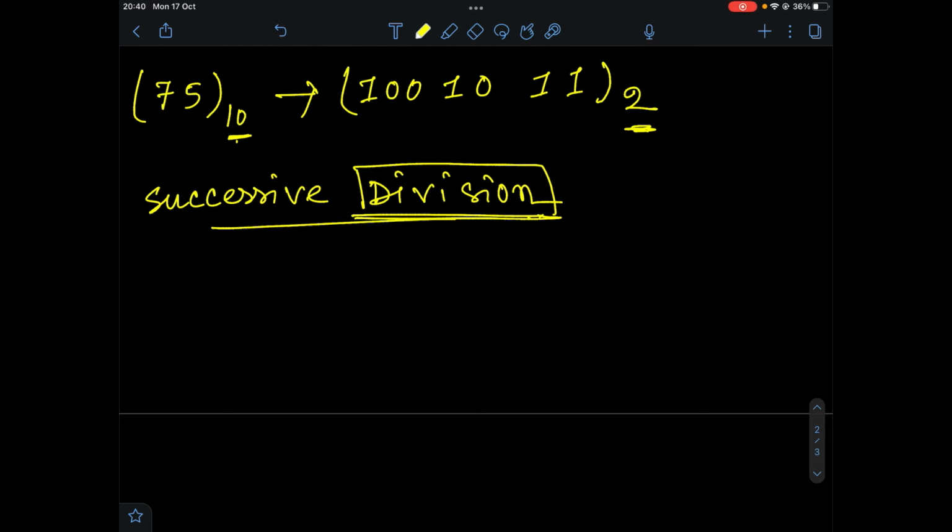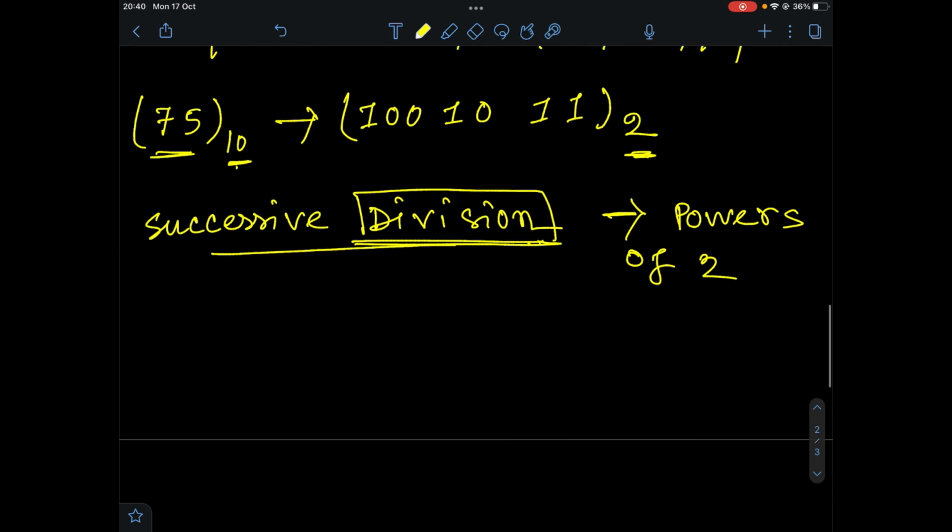So obviously we have to deal with powers of 2 and here it is written division. So we have to divide this 75 by this 2.